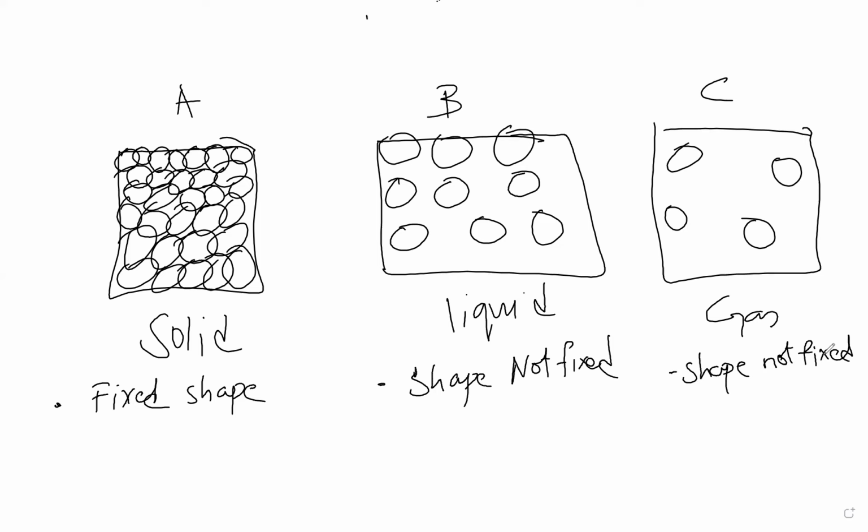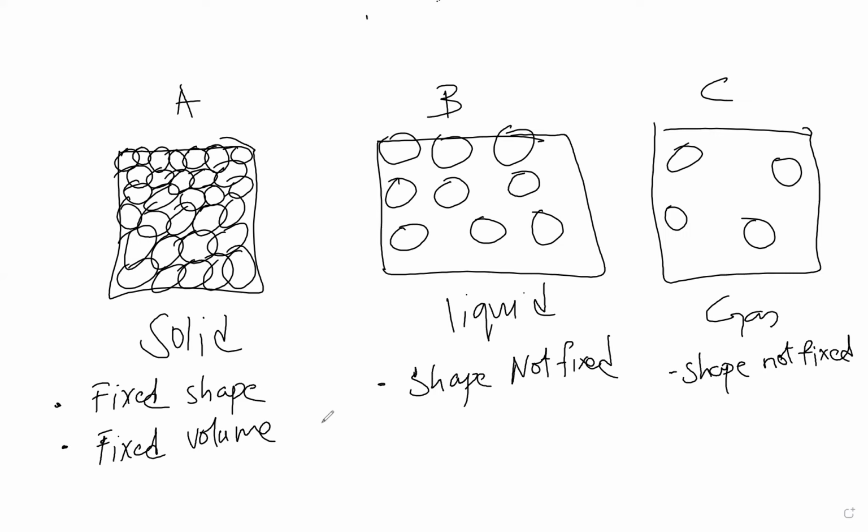So we know that solid doesn't change anything, it stays the same wherever you put it. So fixed volume. What about the liquid? Okay, what if you have some liquid in one glass and then you put the same liquid in another glass without losing a single drop? Do we change the volume?